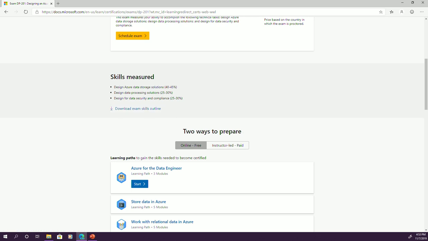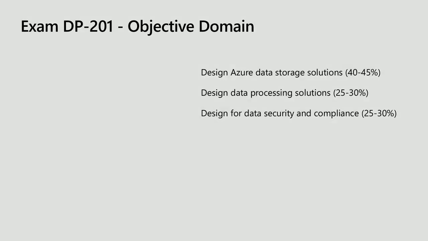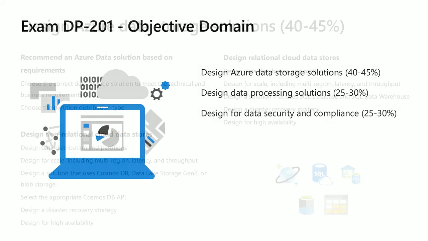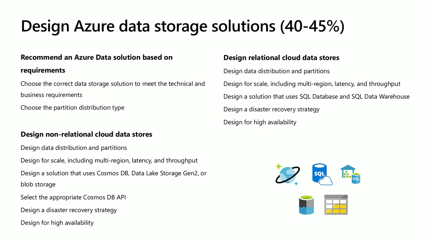What the PDF will show is the breakdown of these three topics. For the first topic, design Azure Data Storage Solutions, there are three main areas: recommend Azure Data Solutions based on requirements, and specifics about when to use non-relational cloud data storage and also relational cloud data storage.